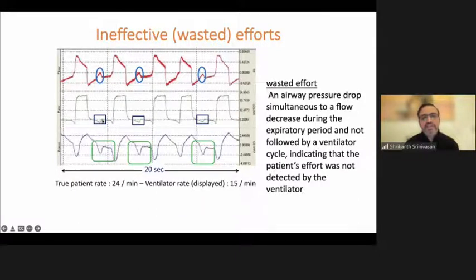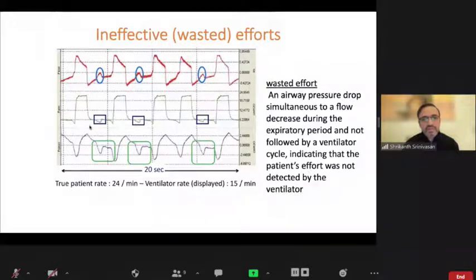Similarly, there's a negative deflection because the patient has taken a negative inspiratory effort, but this negative deflection is not associated with a breath being delivered. You can see negative deflection prior to each of these breaths, and you can see a negative deflection here, which is not followed by a breath. This deflection is followed by a breath. This is not being followed.